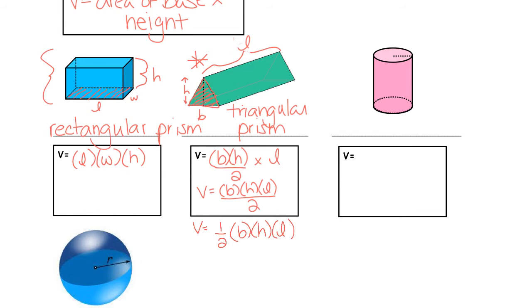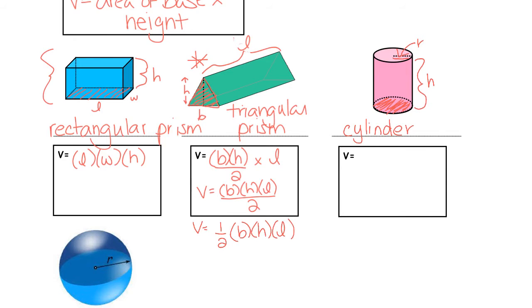Our next one here is a cylinder. Again, we would find the area of the base, which is a circle, and then multiply it by the height. Remember, when we're finding the area of the base, we need to have that radius. I'm also going to label this H for height.